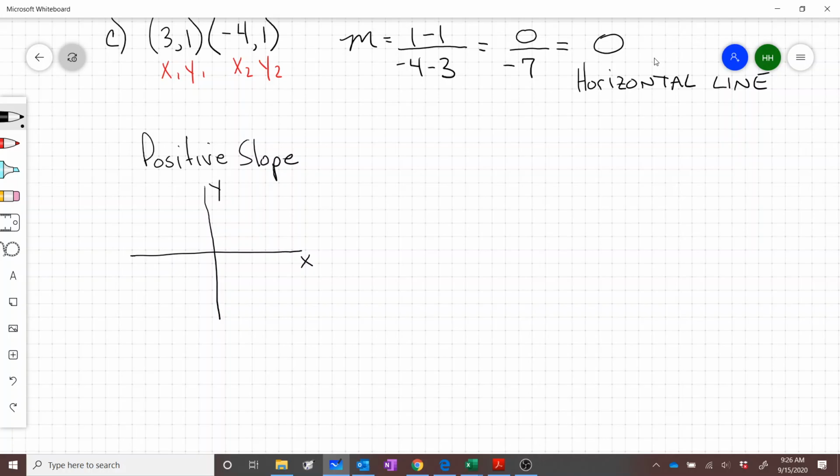Positive sloped lines go up and to the right. If a line's got a positive slope, it goes up and to the right. The steepness of the line will be determined by the slope.